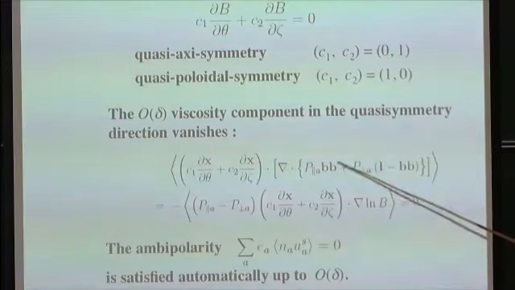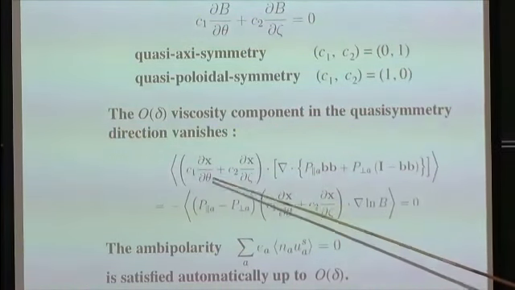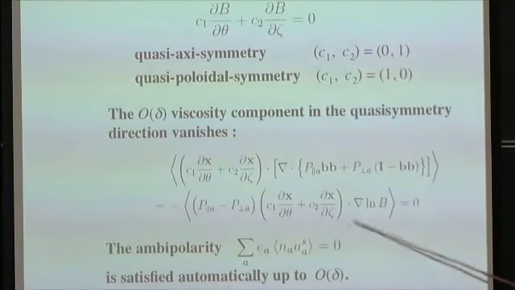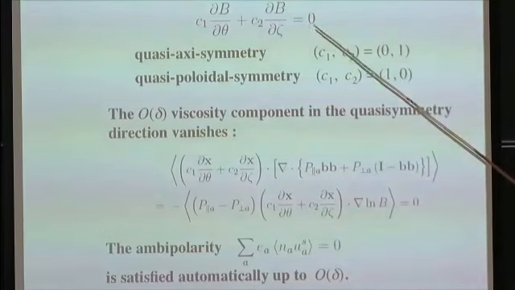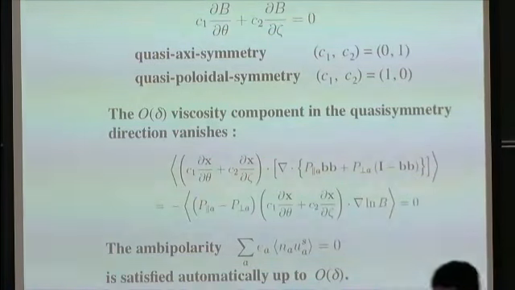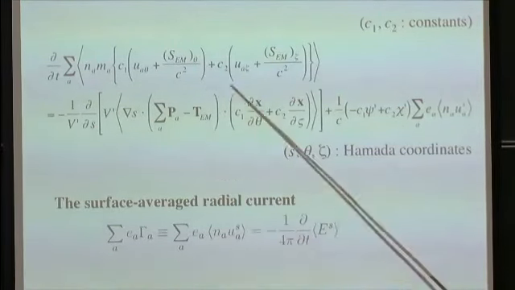By partial integration, the tangential component of the pressure tensor is written like this. If we assume this quasi-symmetry, that will vanish. So in this case, this first order term vanishes.